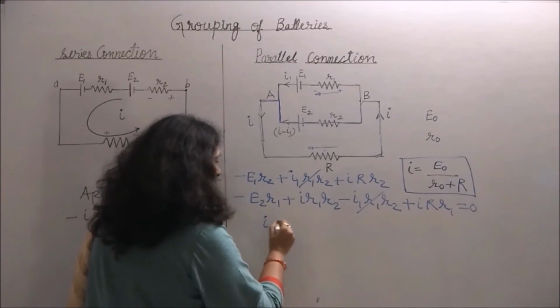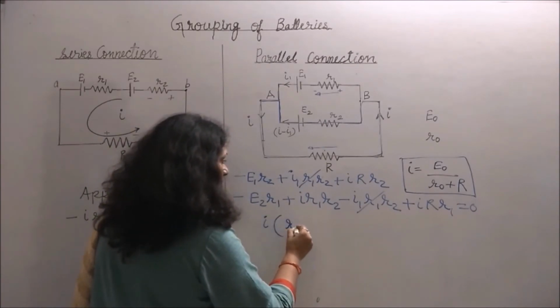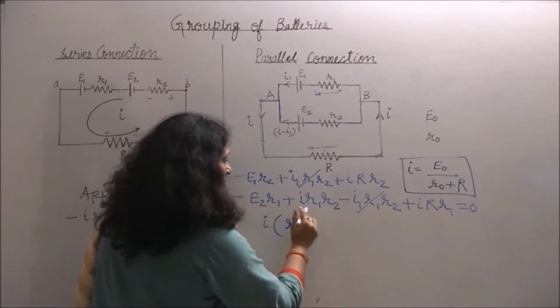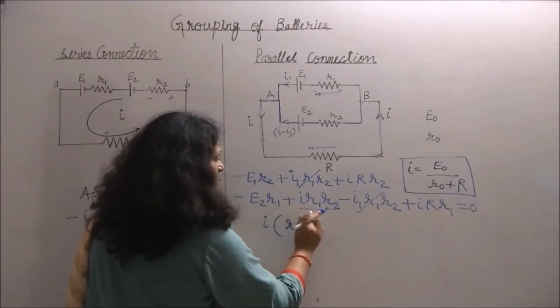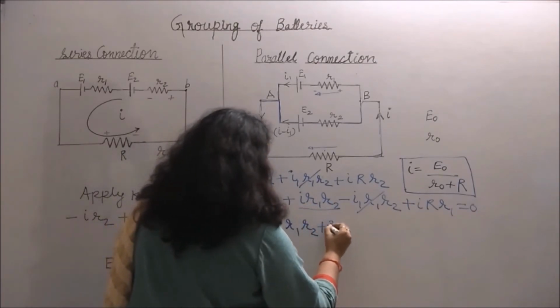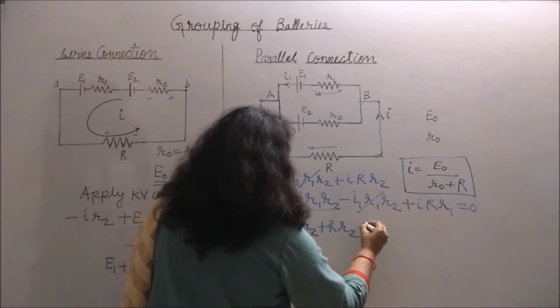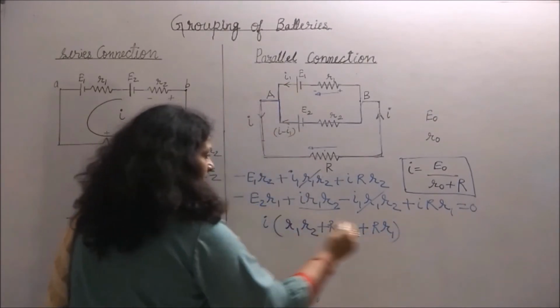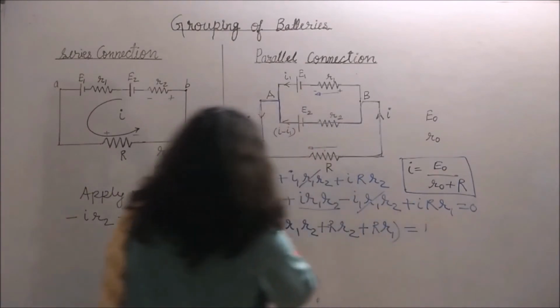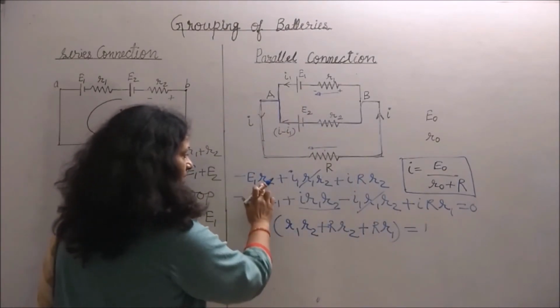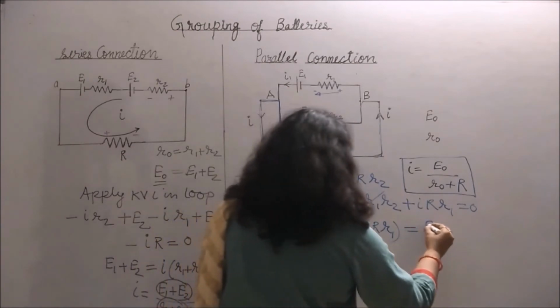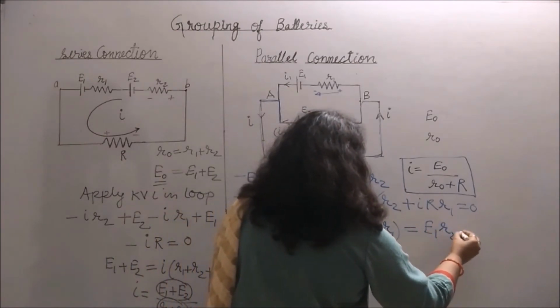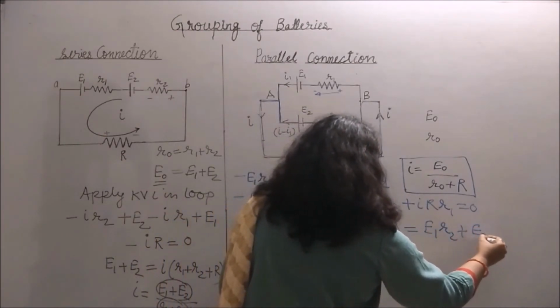So here I times R1 R2, take all the terms containing I, plus R R2 plus R R1 is equal to, take the terms containing E1 and E2 on the right hand side, E1 R2 plus E2 R1.